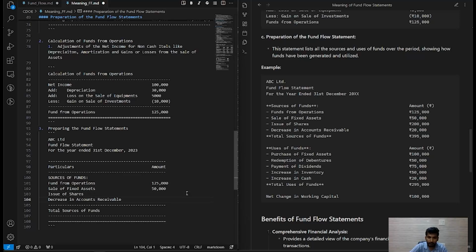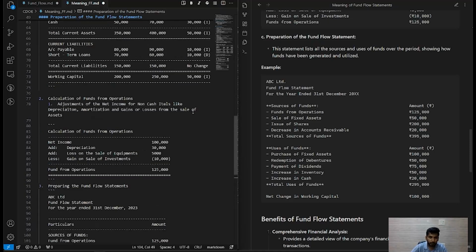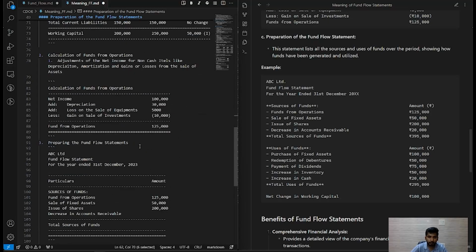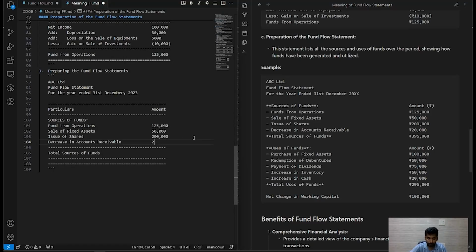After that, we issued the shares of rupees 2 lakhs. We have a decrease in the accounts receivable as rupees 20,000, which was also reflected in here. Which makes our total sources of funds as 3,95,000.